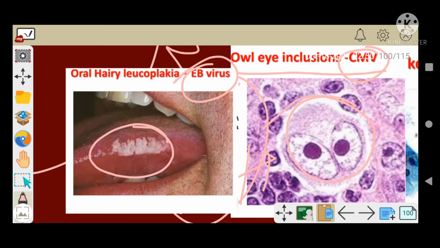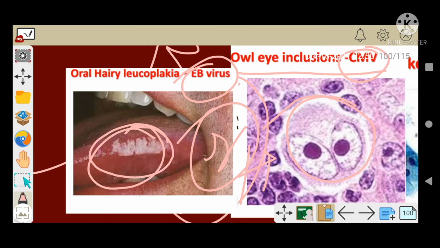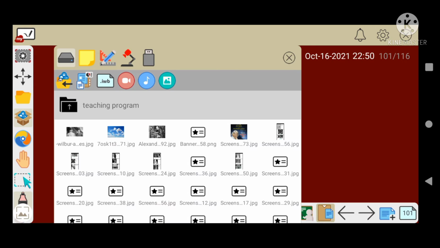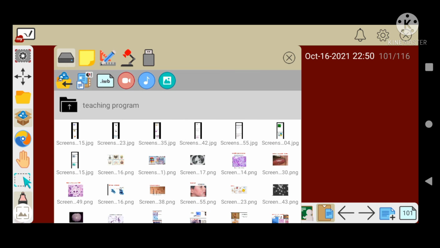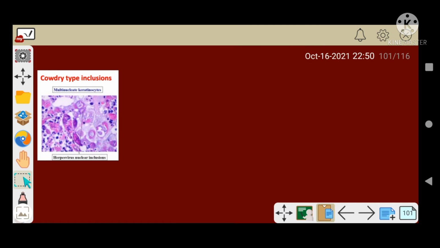So there is one difference between this one versus Candida. See, Candida you cannot rub off, but this can be rubbed off. Never asked, just for completion purpose, right?